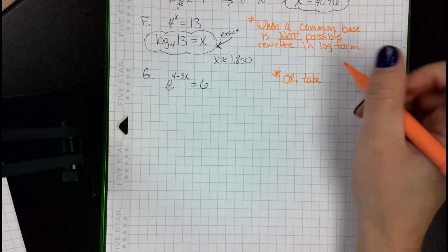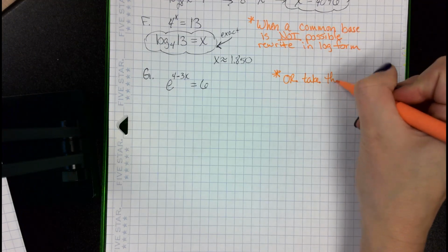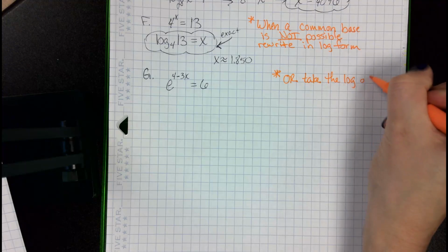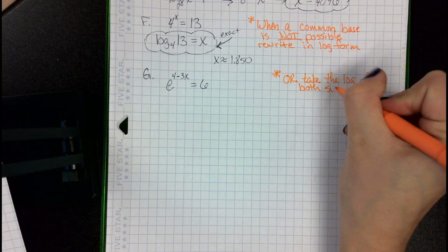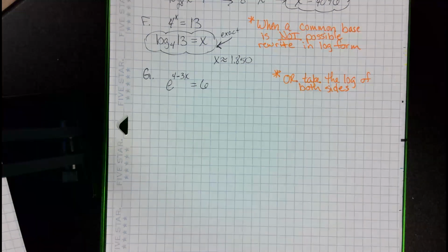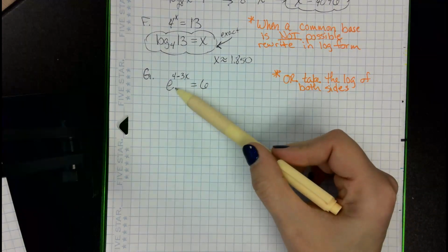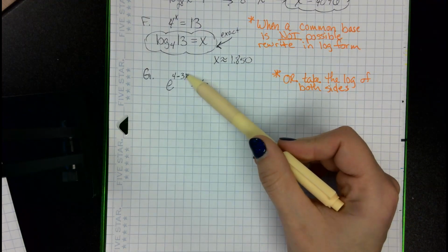Take the log of both sides, and you choose the log base to match the exponent base of where your variable is. So in this case, I have a base e, and the x is with the e.